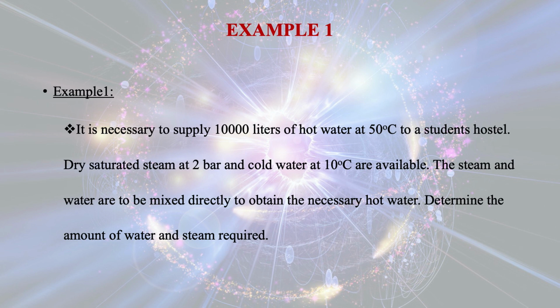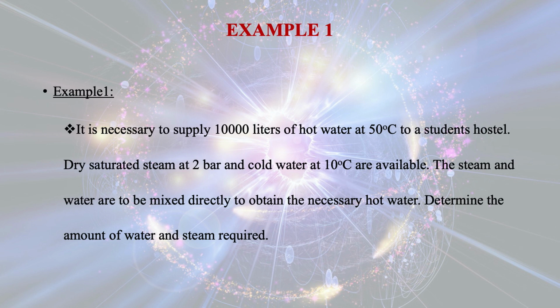The steam and water are to be mixed directly to obtain the necessary hot water. Determine the amount of water and the steam required. So the question is: it is necessary to supply 10,000 liters of hot water at 50 degrees centigrade.